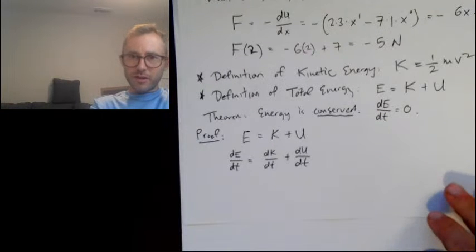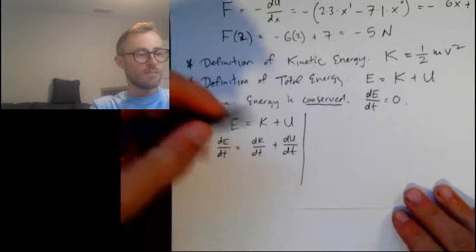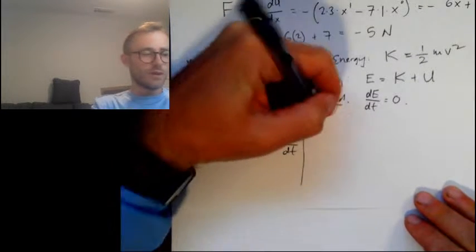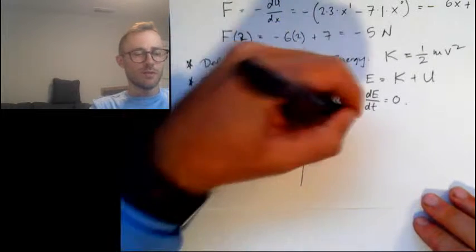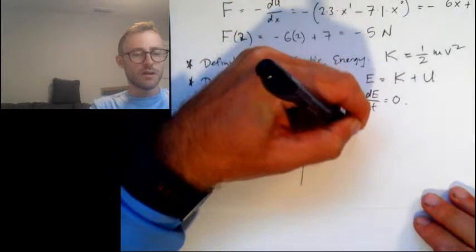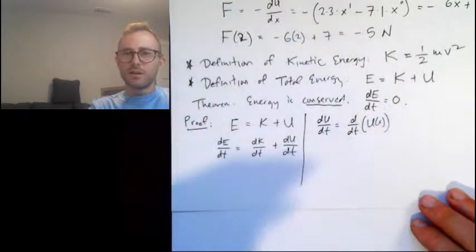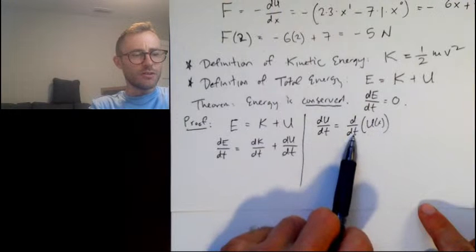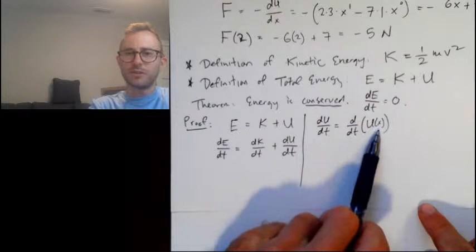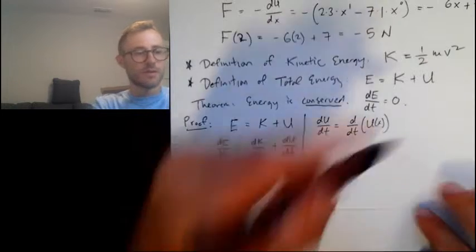So let's go through what each of these terms is. What is the derivative of the potential energy with respect to time? Well, that would be the derivative of U of x, right? Notice I'm taking the derivative with respect to time, but the potential energy is a function of position. So I have to do the chain rule, okay?